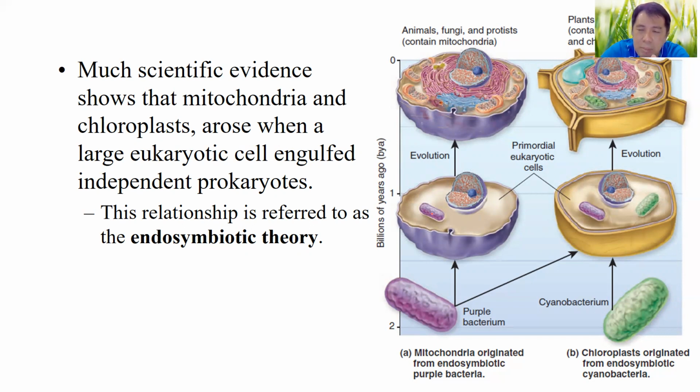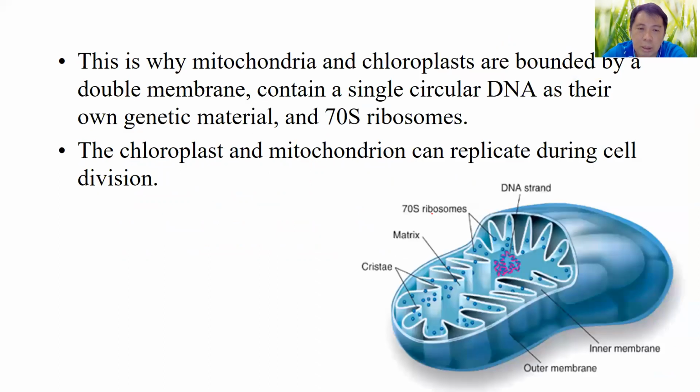Because the mitochondria contain circular DNA and 70S ribosomes, which are found only in prokaryotic cells. The same goes for the chloroplast. The chloroplast is actually a cyanobacterium, or photosynthetic bacterium, which was also engulfed by the eukaryotic cells, and after evolution, the cells contain both mitochondria and chloroplasts. So this is known as the endosymbiotic theory.